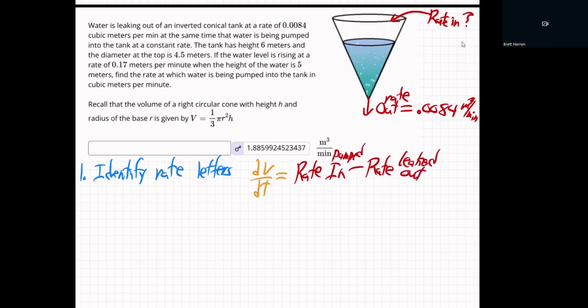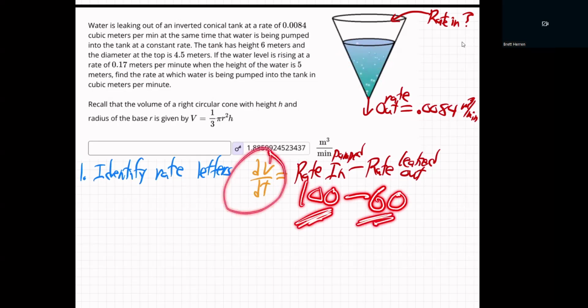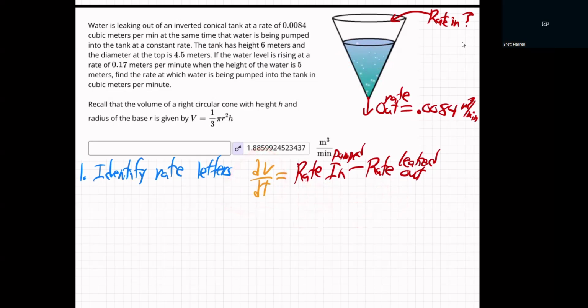Let that sink in for a second. Does that make sense? The rate of change of the volume of water is the rate in minus the rate out. Suppose I said we're pumping in 100 gallons every minute and leaking out the bottom is 60 gallons every minute. If you subtract that, we're adding 40 gallons every minute to the volume. The rate in minus the rate out is how the overall volume is changing.